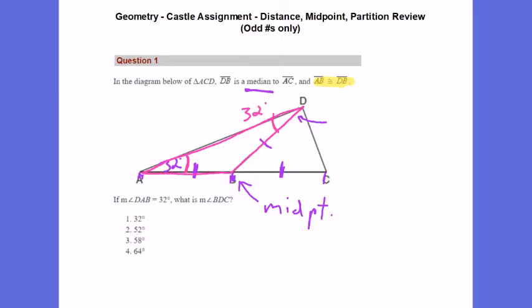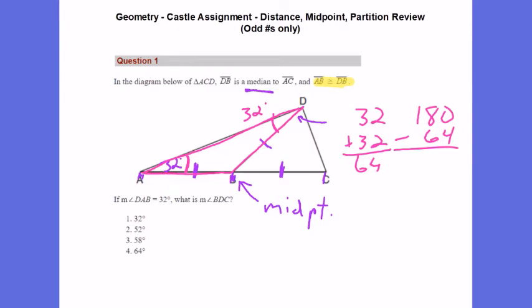Which means that this angle here, which would be ABD, would be 32 plus 32, and then 180 minus that, so minus 64, 116 degrees.